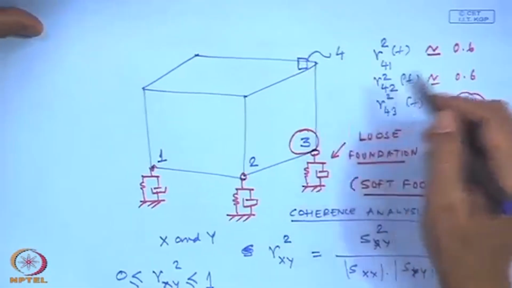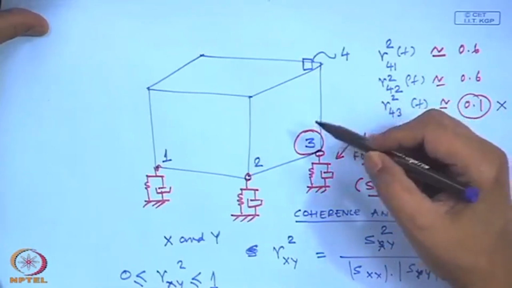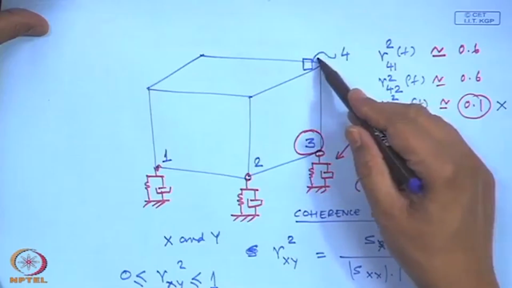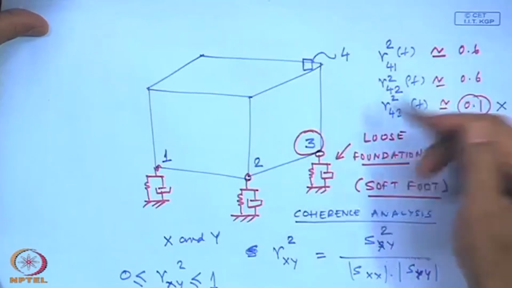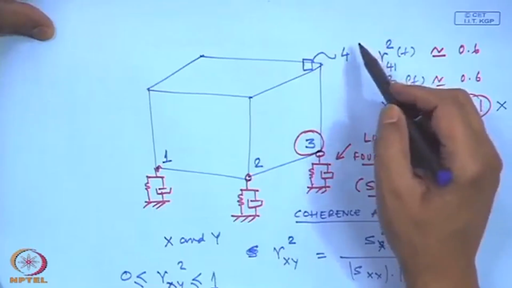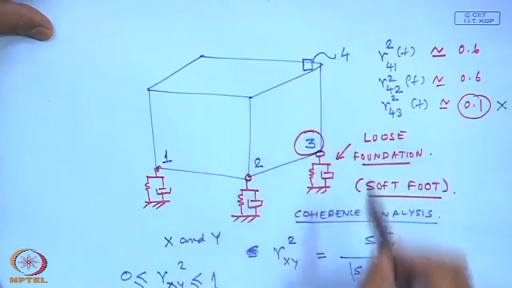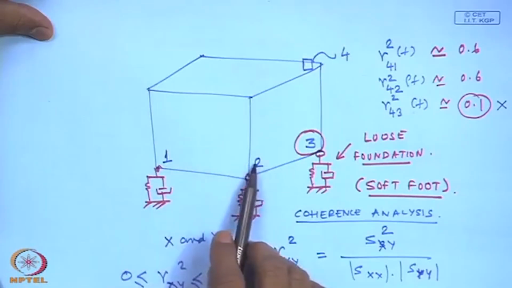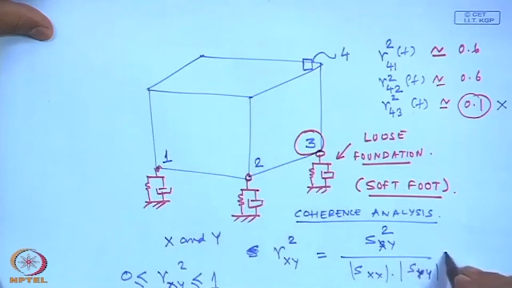So, this says the coherence function actually relates one signal to another, and you can measure them simultaneously, or you can measure them by a dual channel signal analysis, one at a time. Like suppose your x is 4, y could be once 1, once 2, once 3, and then you could be doing this computation.